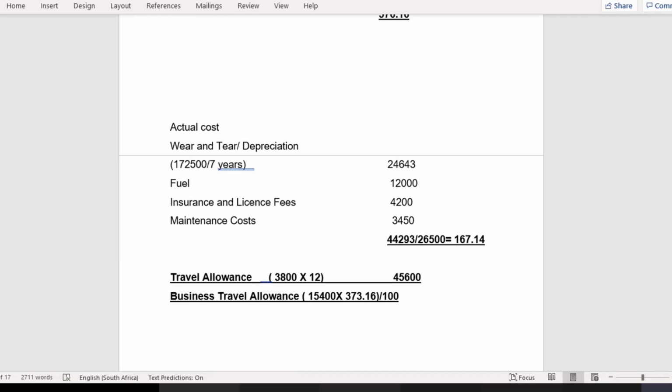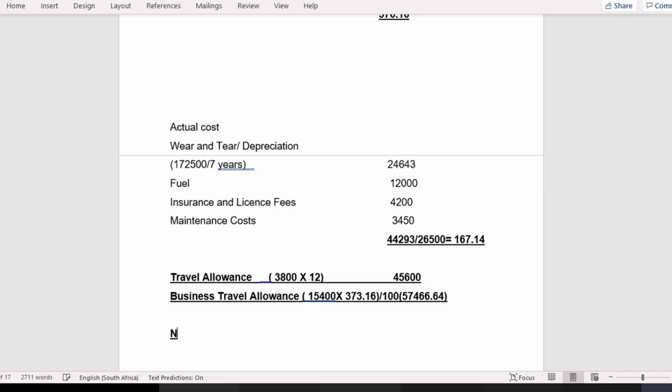Let me quickly adjust that. 15,400 rand multiplied by 373.16. Then you divide that by 100. Right, it's actually 5466.64, right?